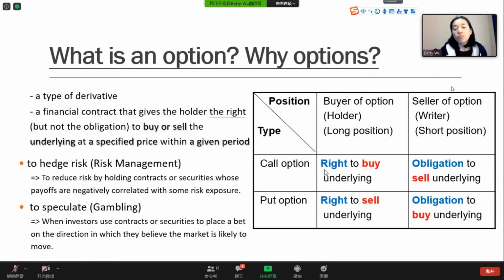That means that the owner of the call has a right to buy the underlying. If the call owner decides to buy the underlying, the writer on the other side has to sell the underlying. And if the call owner decides not to exercise the right, then what happens?